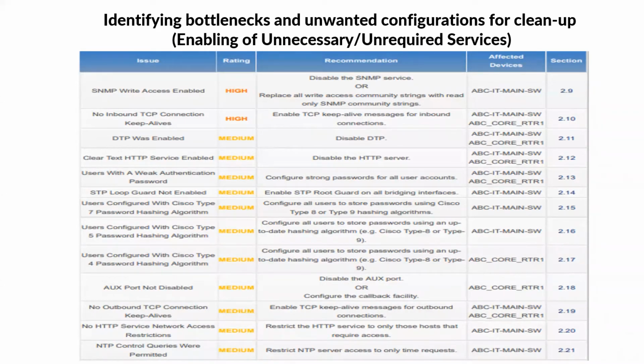Best security standards will tell you that all these unused services should be switched off, except where there is a business contingency or business need to turn them on. And why do we need to turn them off? This gives us unnecessary exposure.